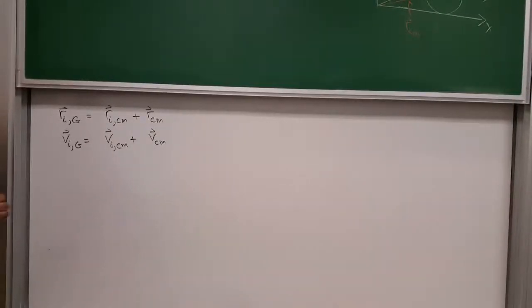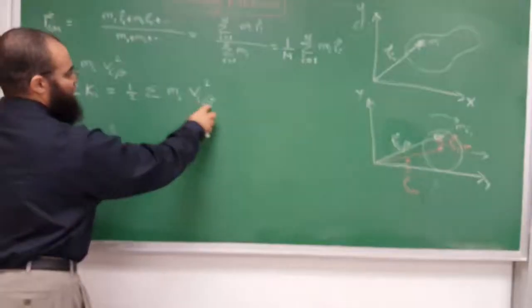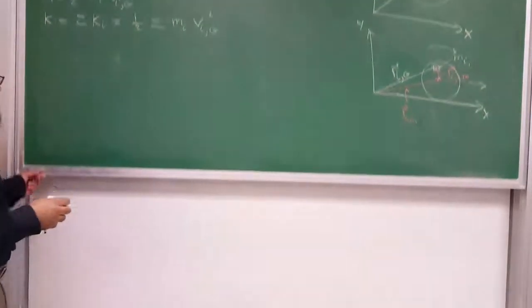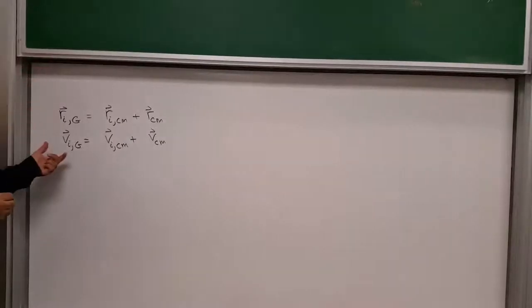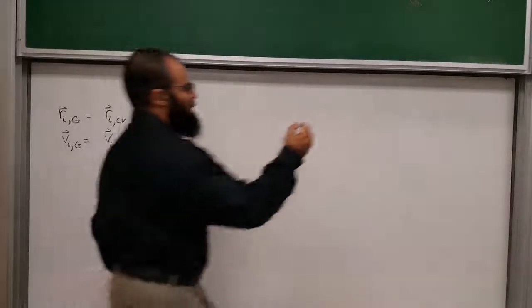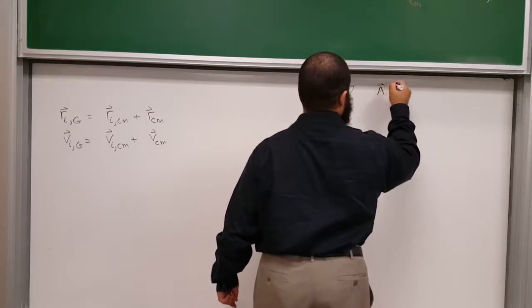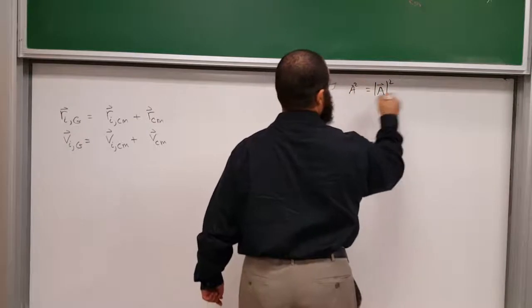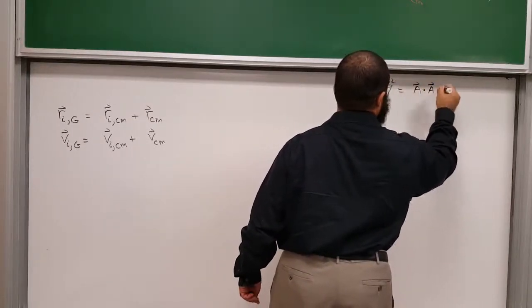And so this formula includes Vi relative to the ground squared. So that's the magnitude squared. To get the magnitude, remember, the magnitude of a vector A squared is the same as vector A dotted with itself.